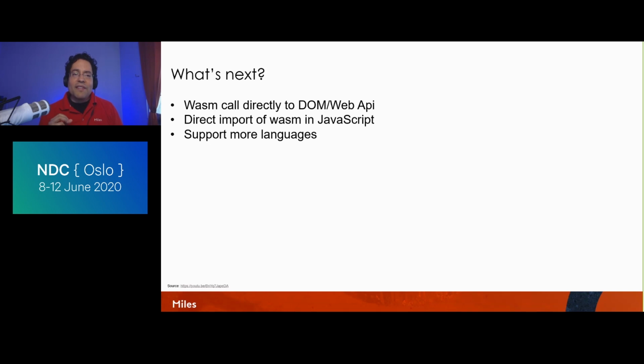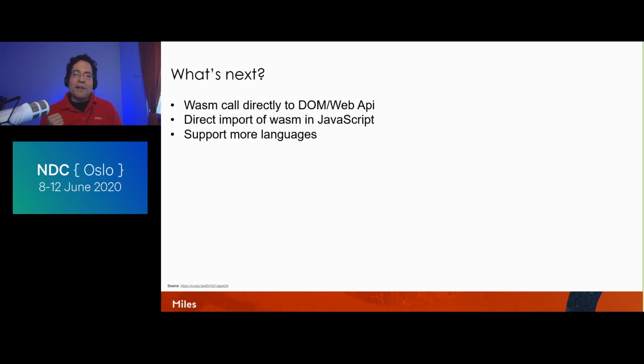And in the same way, we would also like to just be able to import Wasm in JavaScript. As maybe you saw in my previous examples, I had to load my WebAssembly asynchronously in order to be able to run it, but they would just want to be able to import it just as any other type of library.